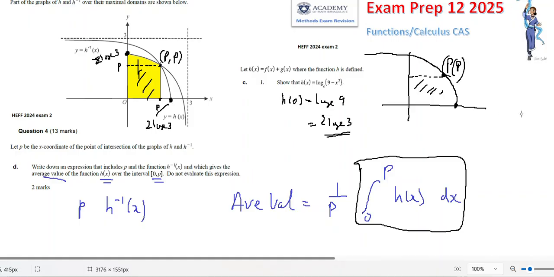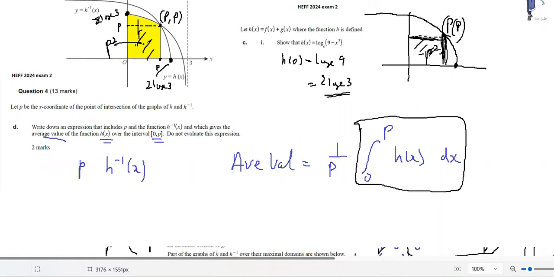So if I was to put a straight line down here, this is this here, which is P times P, that's P squared, because it's a square.